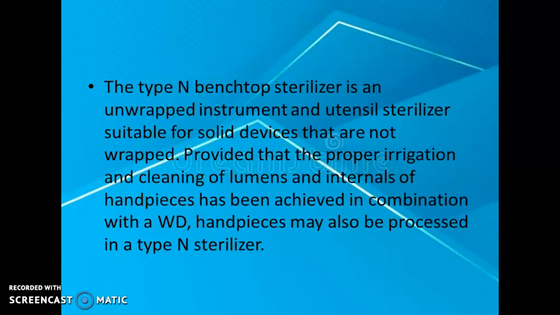The type N benchtop sterilizer is an unwrapped instrument and utensil sterilizer suitable for solid devices that are not wrapped, provided that proper irrigation and cleaning of the lumens and internals of the handpiece has been achieved in combination with a washer-disinfector. The handpiece may also be processed in a type N sterilizer.